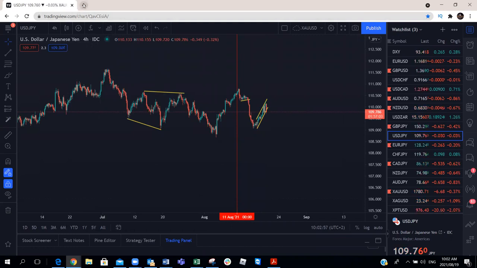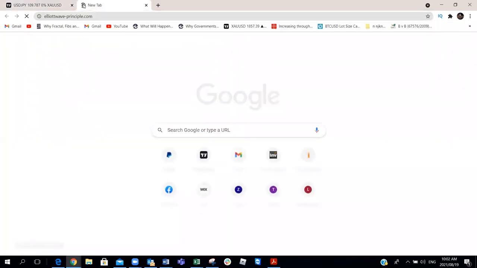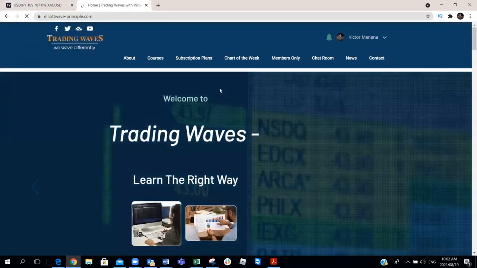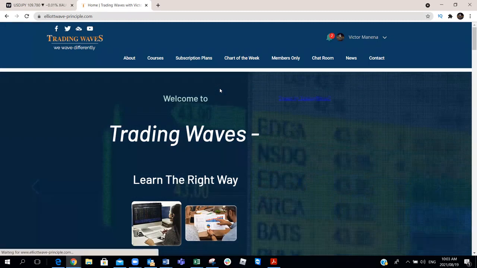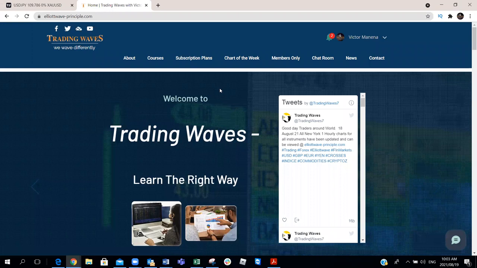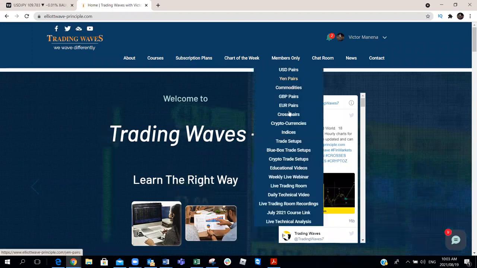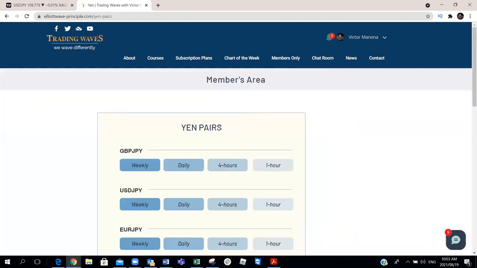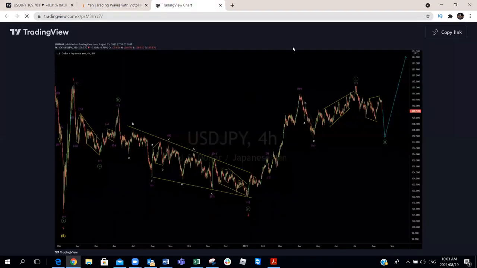Right, so let's open the website. Right, let's go to US dollar JPY. There's a trade setup I want us to look at on US dollar JPY as well as US dollar chief, and the yen pairs. So let's first look at the 4-hour on US dollar yen.